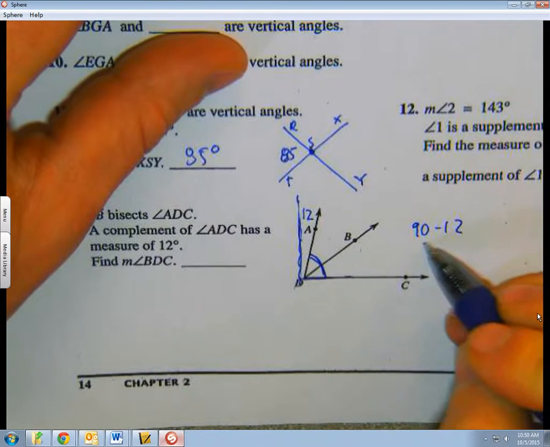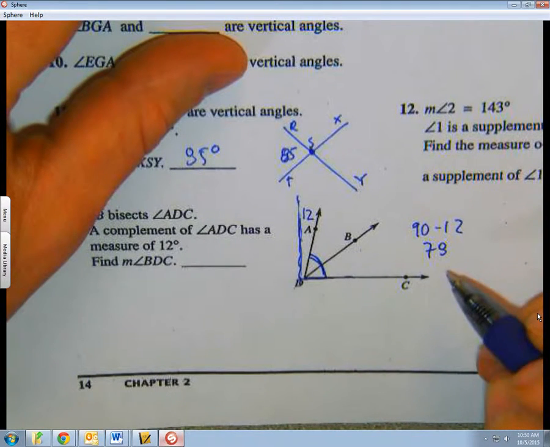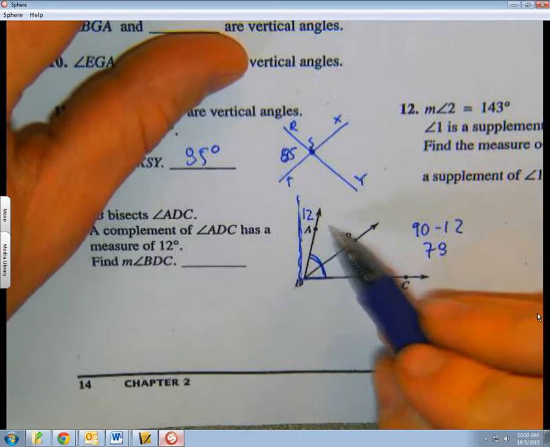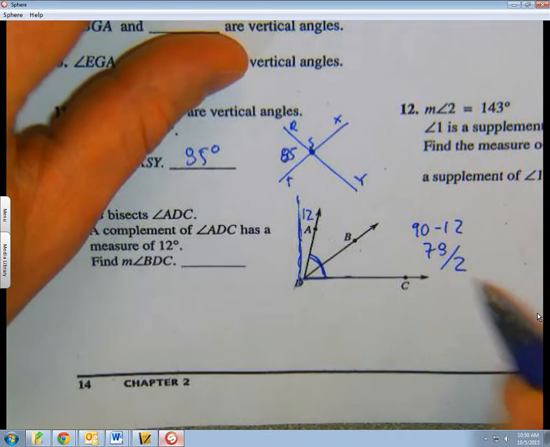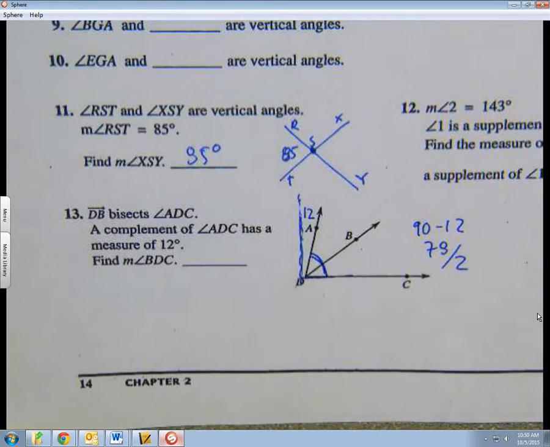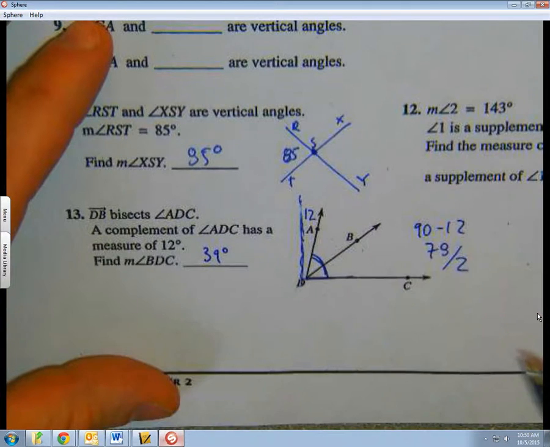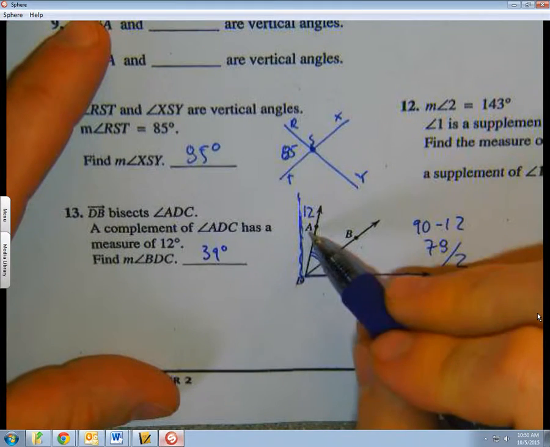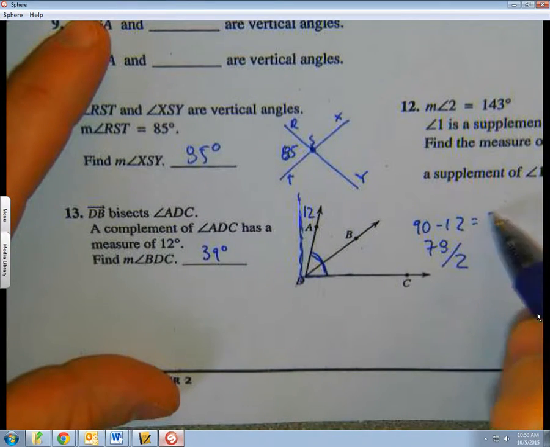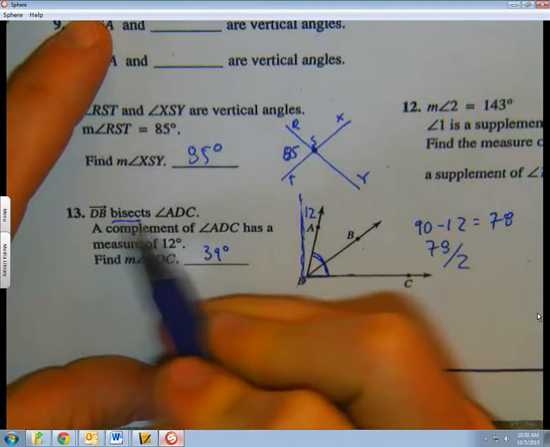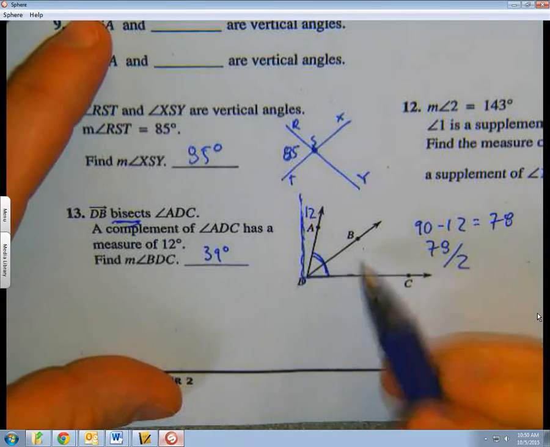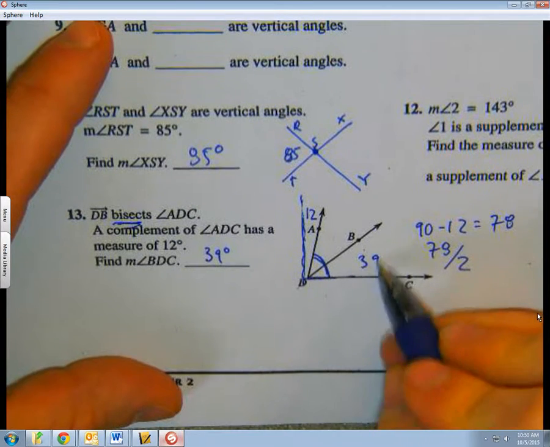And then bisect it, we're going to cut it in two. I got 39. Okay, so the complement is 12. That makes that 78. It's being bisected, so BDC, half of it would be 39. That's 39. That's 39. The whole thing, 78. 12.